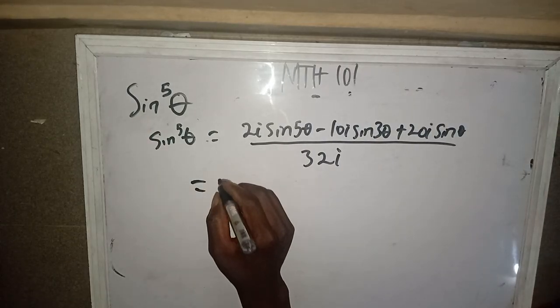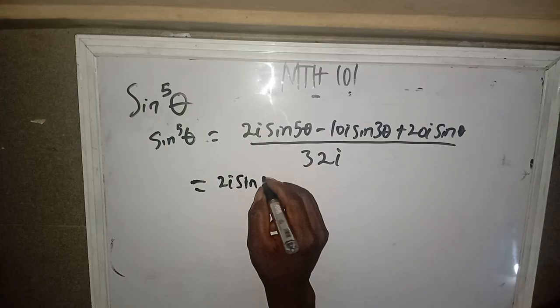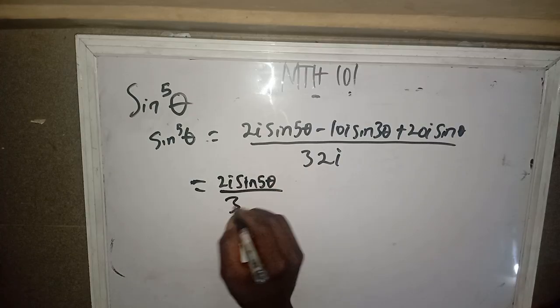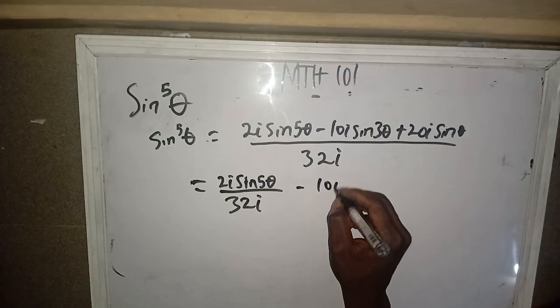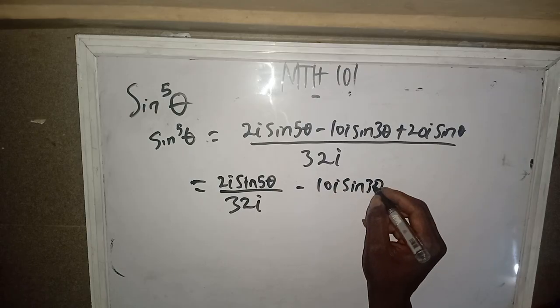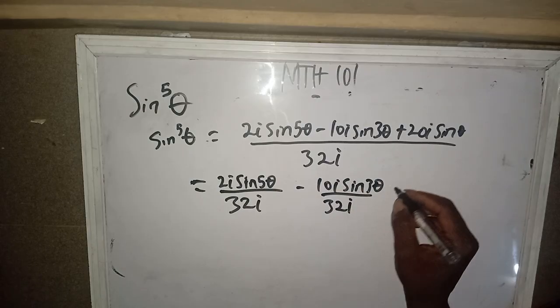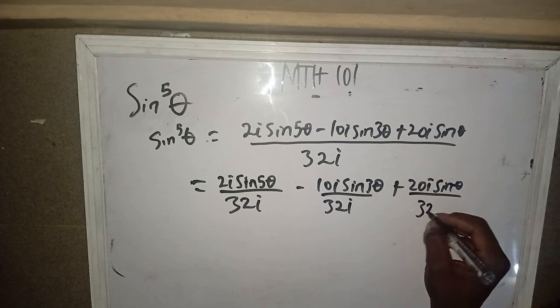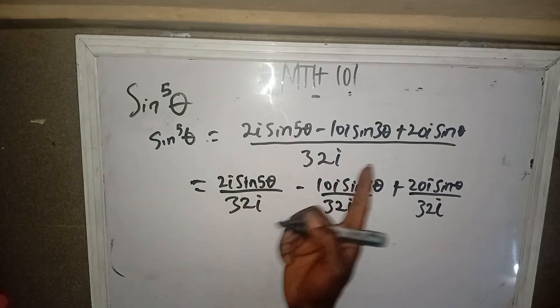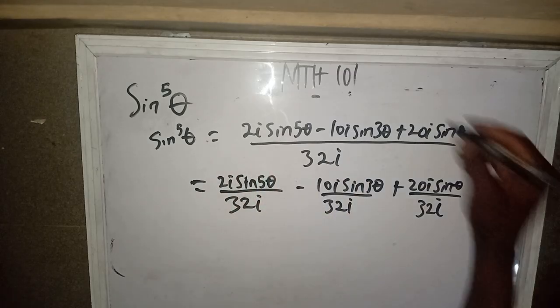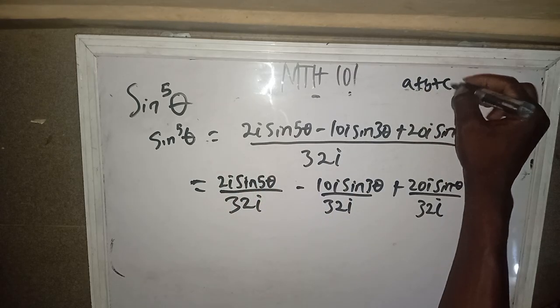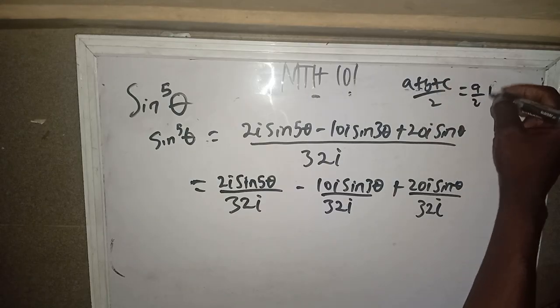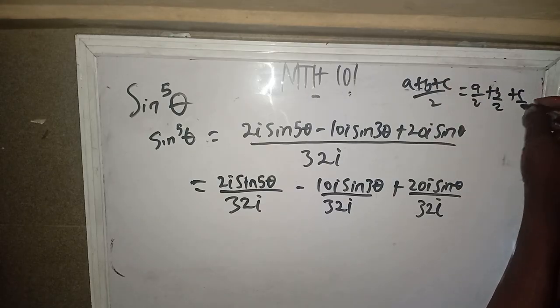So at the end of the day, we have 2i sine 5 theta divided by 32i, minus 10i sine 3 theta divided by 32i, plus 20i sine theta divided by 32i. Since they have a common denominator, we can split it, just like saying a plus b plus c over 2 is the same thing as a over 2 plus b over 2 plus c over 2.